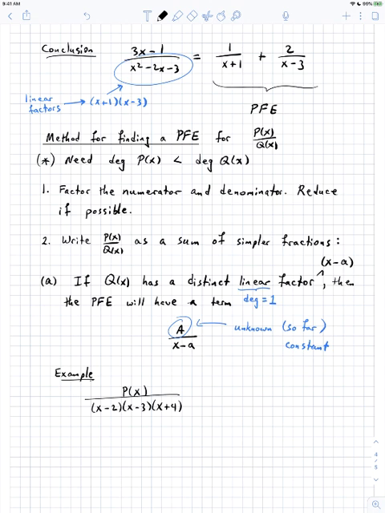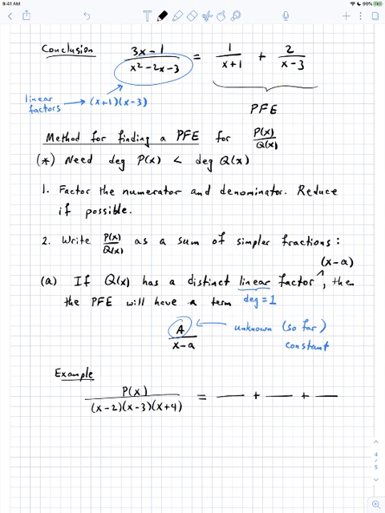Now suppose that this is reduced, so none of those are factors of p. Nothing in the denominator is a factor of p. It's reduced completely. Then this is going to be equal to, well, what have we got? We have 3 distinct linear factors. For every factor in the denominator, you're going to get a term in the partial fractions expansion.